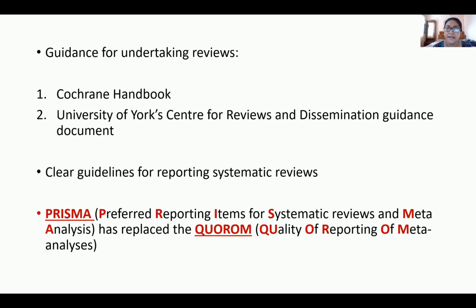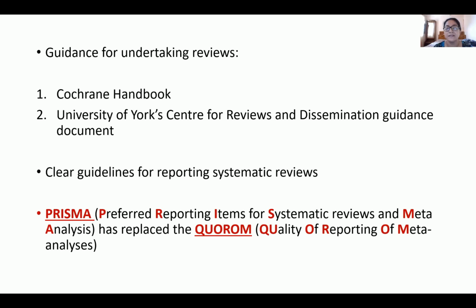So there are various guidelines for undertaking systematic reviews, the Cochrane Handbook. Then we have the University of York Centre for Reviews and Dissemination's systematic reviews document. And there are also very clear guidelines for reporting of systematic reviews. One is the PRISMA, the Preferred Reporting of Items for Systematic Reviews and Meta-Analyses.